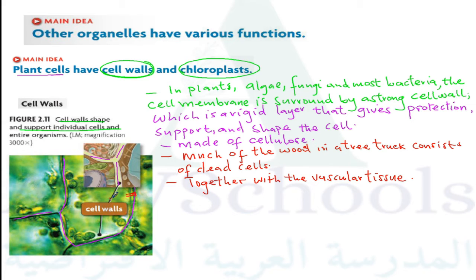In fungi, cell walls are made of chitin, so that is unique. Unlike its counterpart, which is made of cellulose in plants and algae, here it is made of chitin.